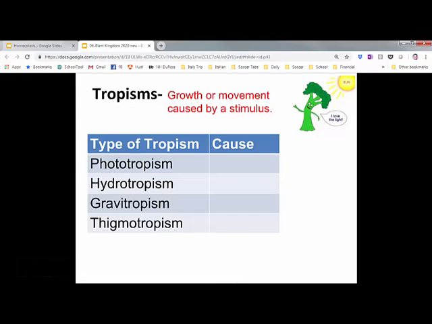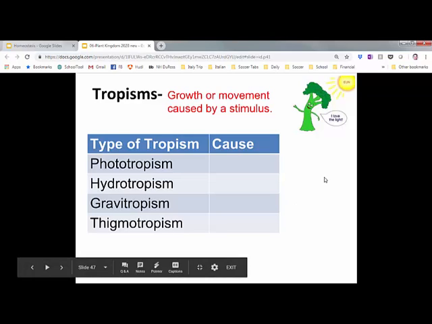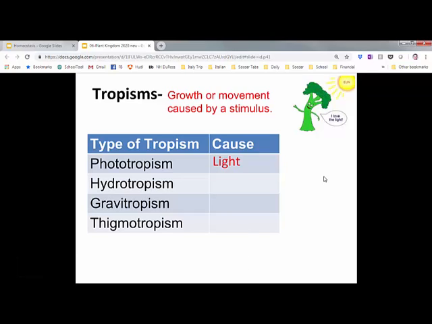If you look at my plants growing on the side of the room, those plants are all growing towards the window. That's called phototropism. What that means is the plant is growing in response to light. Most plants will grow towards the light. The roots of plants will grow towards water. That's called hydrotropism.